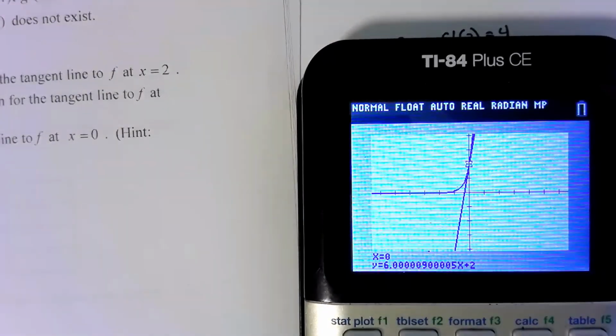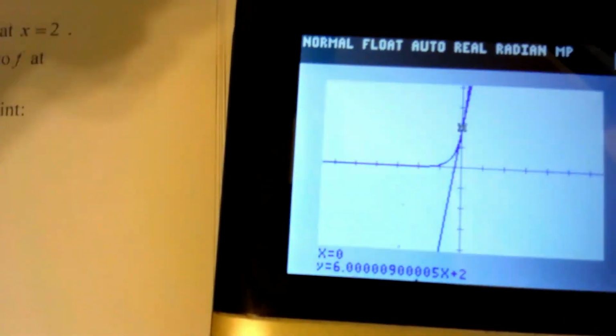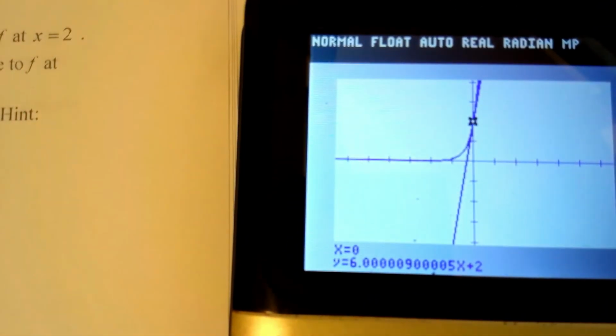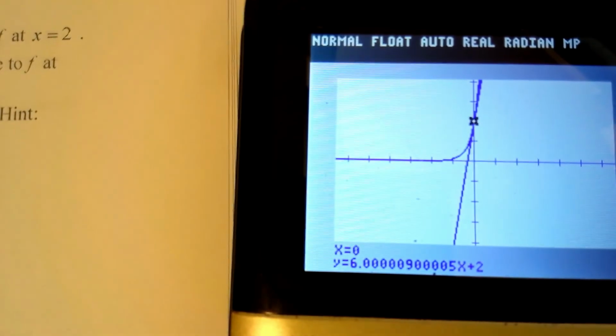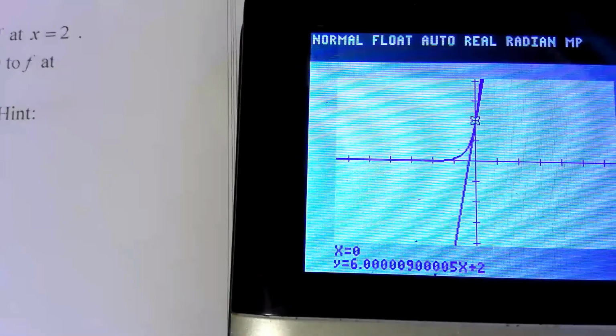And not only is the slope 6, but the equation is y equals 6x plus 2. By the way, I understand that when your calculator does this kind of work, you get a 9-digit slope. Okay, you're not going to write out all 9 digits times x plus or minus whatever the constant is, okay? Just round it to 3 places past the decimal if it's really decimally, like, not a bunch of zeros.